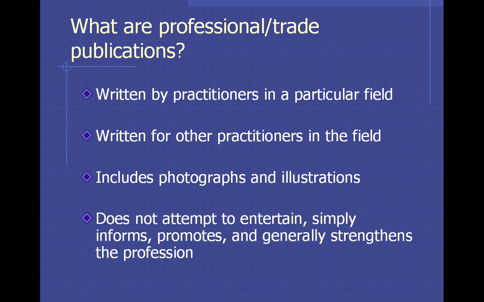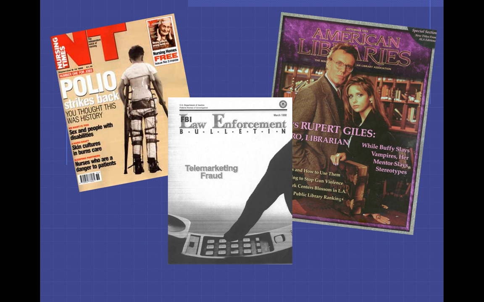Let's take a look at the next slide, which shows us the actual physical copies of trade publications. Here I have one called Nursing Times that is exclusively centered around a particular profession, the profession of nursing. So if I'm a nursing major or a nurse, I might consult the trade publication for events, things that are happening in the field, but also things like job announcements.